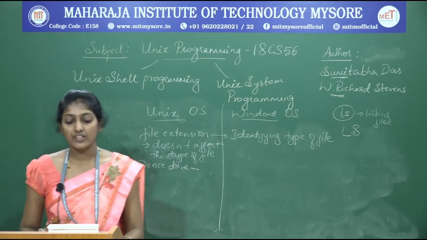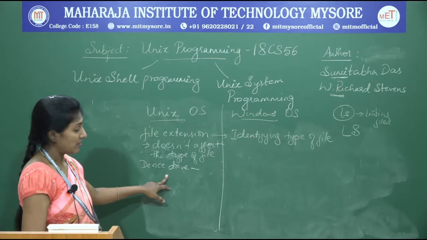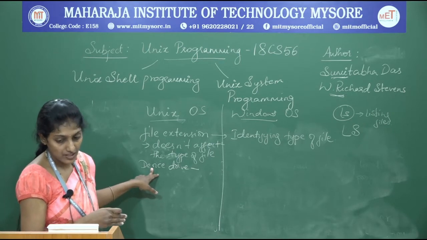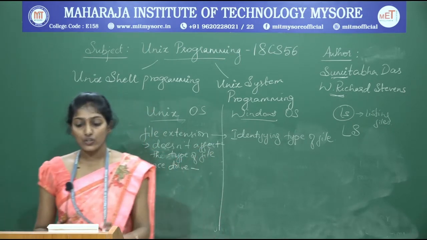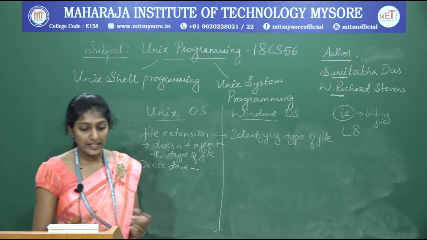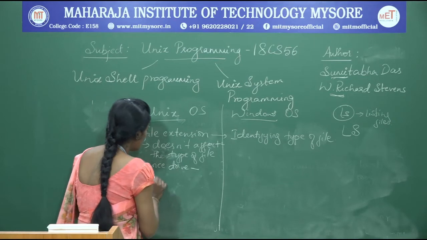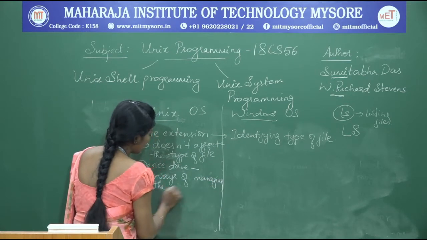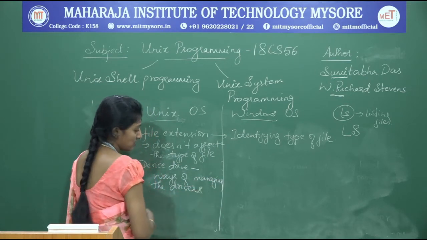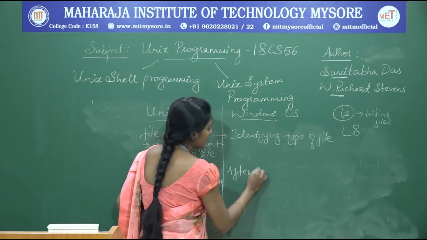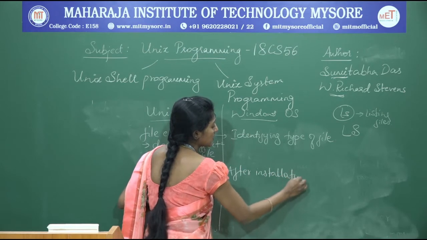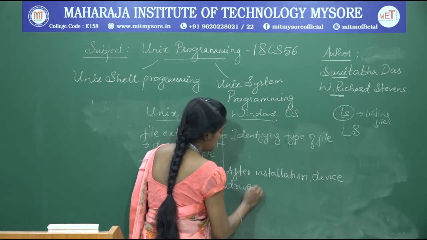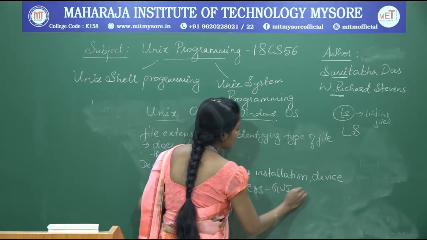What is a device driver? In Unix, several ways are used for managing the device drivers, whereas in Windows, after installation, the device driver packages provide an interactive GUI for the configuration.